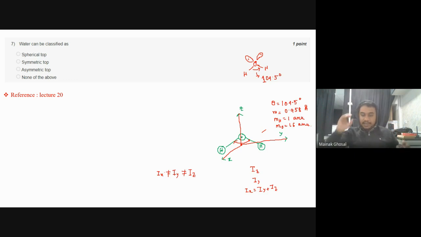He has shown that if you calculate Ix, Iy and Iz along the different x, y and z axes, these values are not equal, they are different. You need to find which kind of molecules satisfy this condition. So which kind of molecule satisfies this condition?